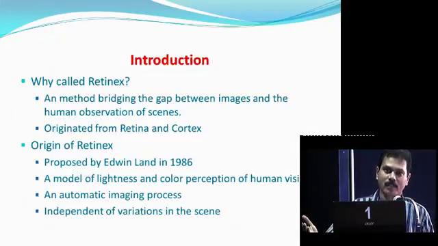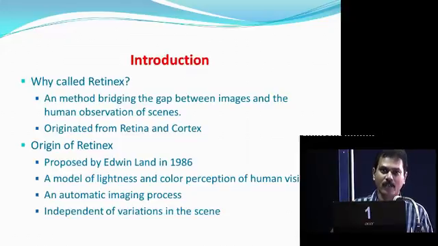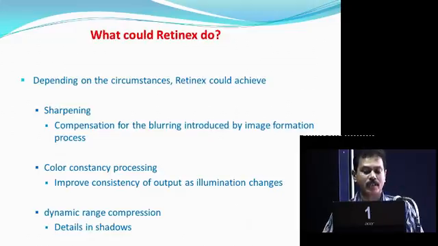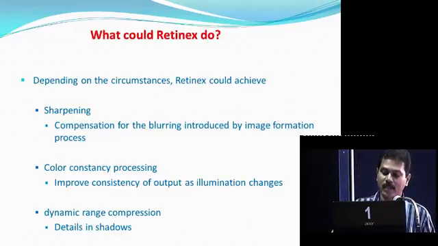We can see the effects in shadows and the range of colors rendered. What is captured by digital cameras does not match the visual aspects that the human visual system has. The Retinex theory was developed by Edwin Land in the 1980s, and many evolutions followed. The measures that can be done are sharpening, color constancy processing, and dynamic range compression of the shadows.